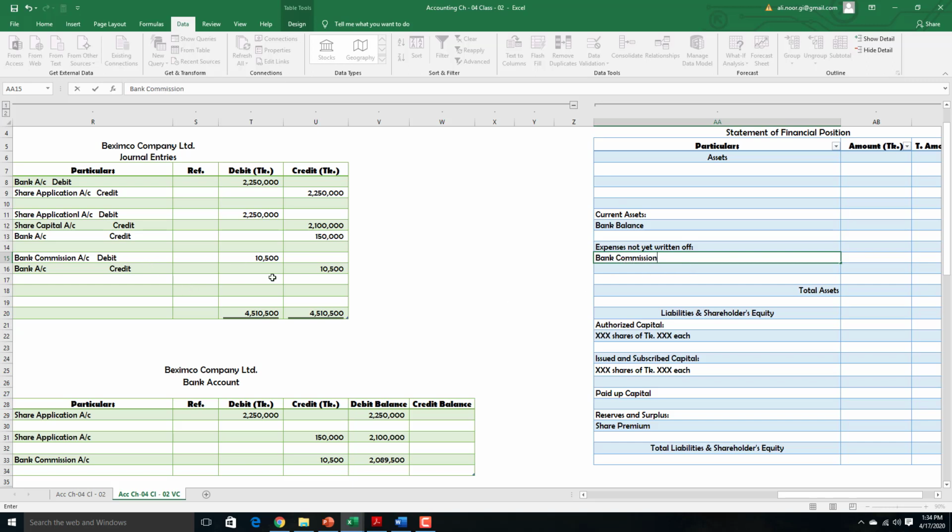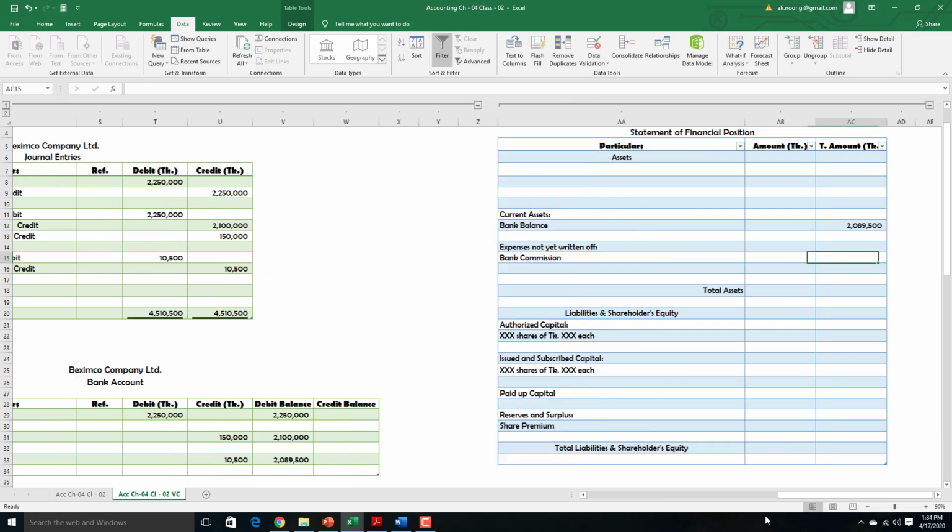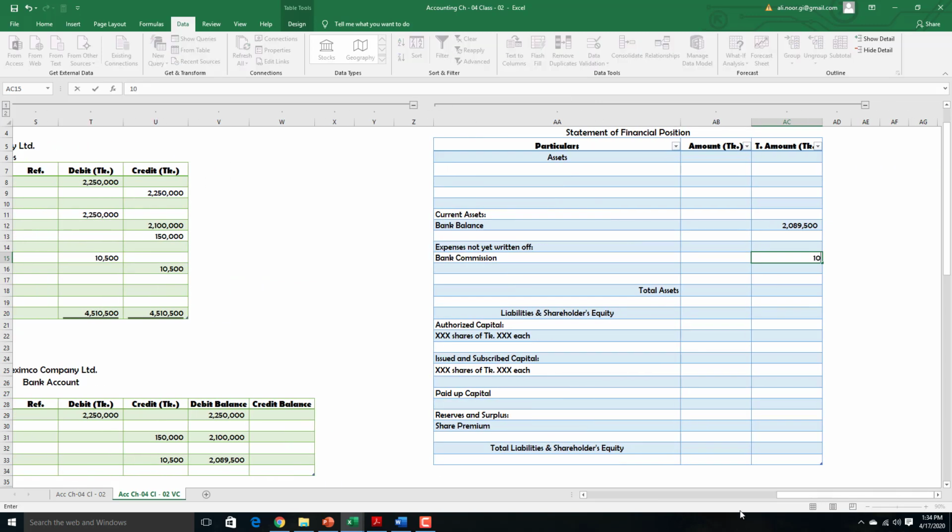There are no other accounts left for the asset side, so we can sum it up. Please ignore the Excel mechanism and just focus on the accounting calculation, that is 21 lakh. We have found our total assets, that is 21 lakh.